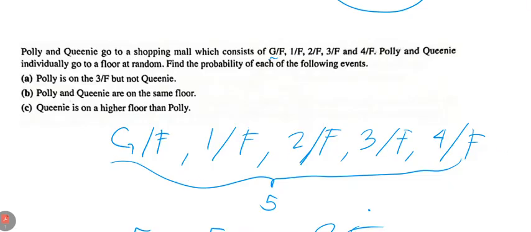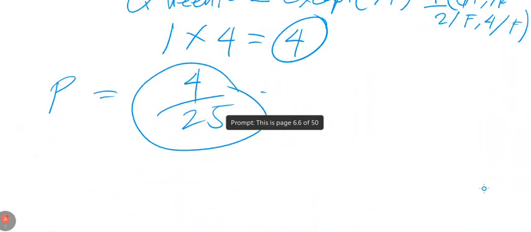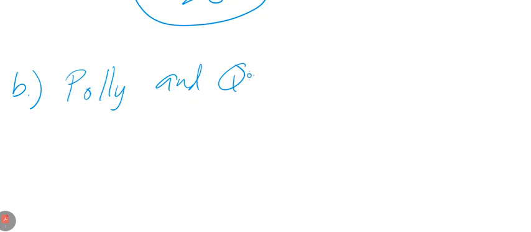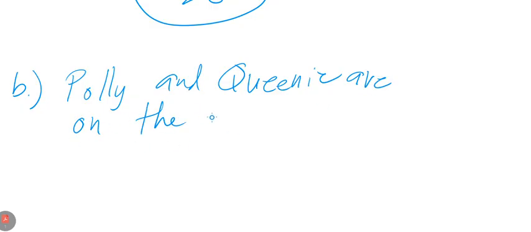Now, the second question states that Polly and Queenie are on the same floor. So let's find it. For B, Polly and Queenie are on the same floor.